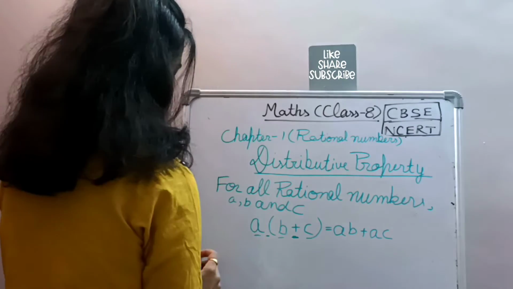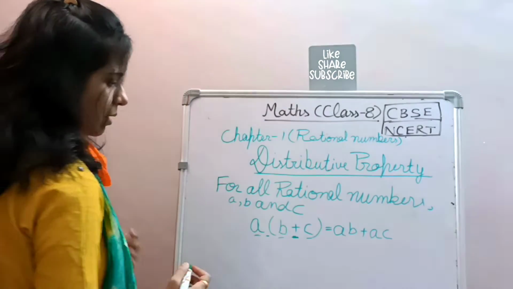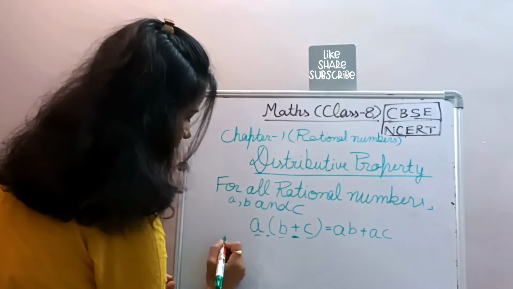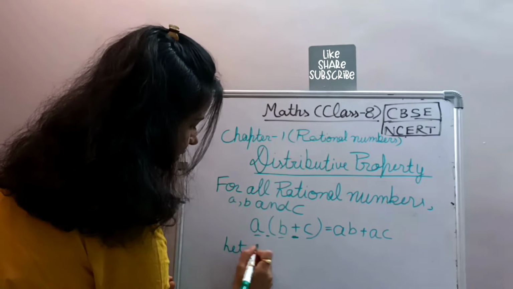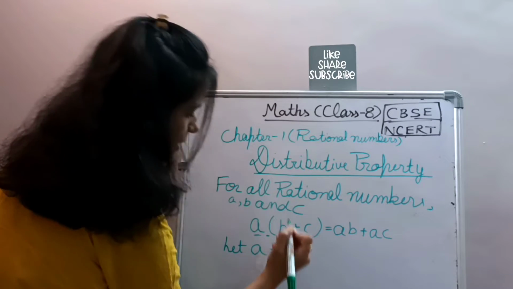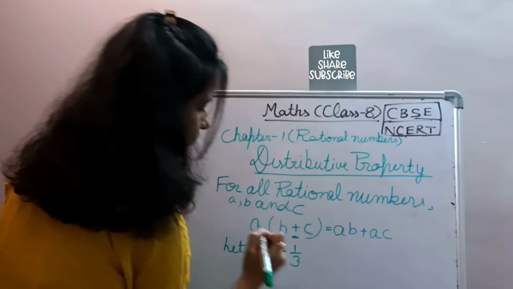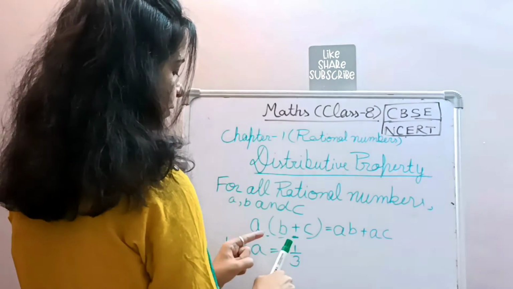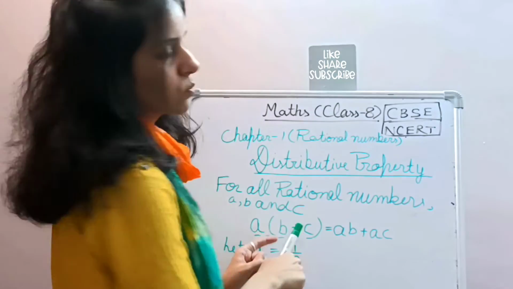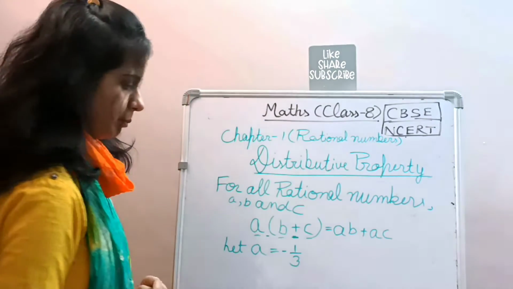Come to the next. Let's take an example. Let A is equal to minus 1 upon 3. A should be a rational number, so minus 1 upon 3 is a rational number.